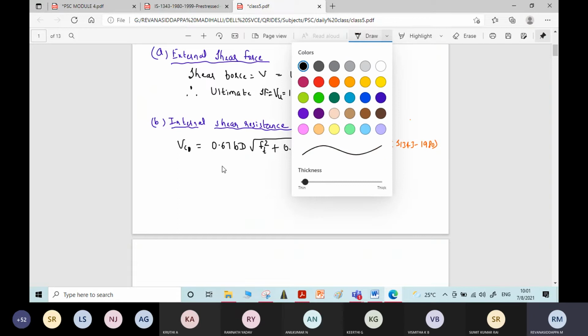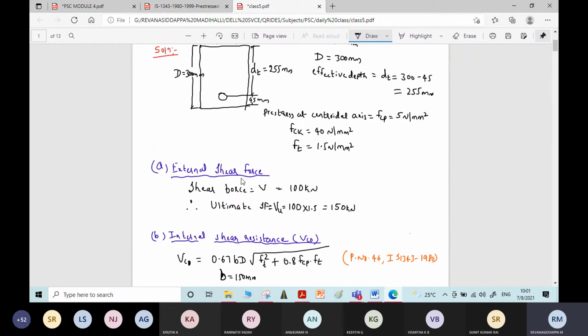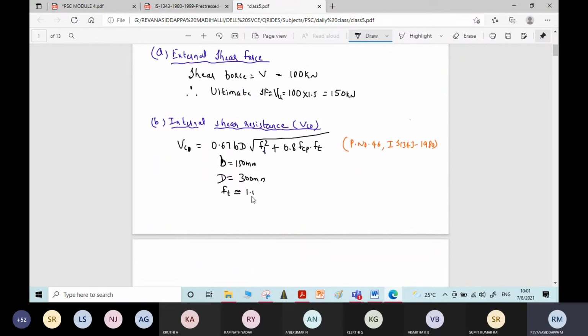Okay, B is known, B equal to 150, the width of the beam, and the overall depth of the beam is 300 mm. FT is known, FT is equal to 1.5. FCP is equal to 5.